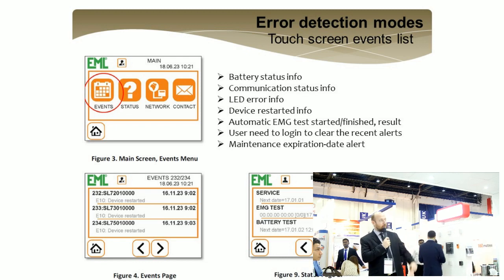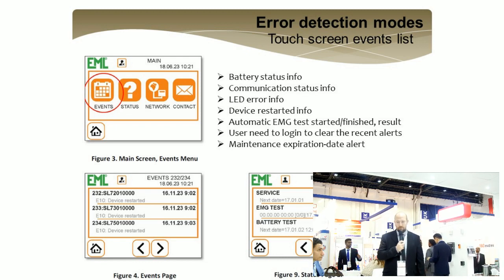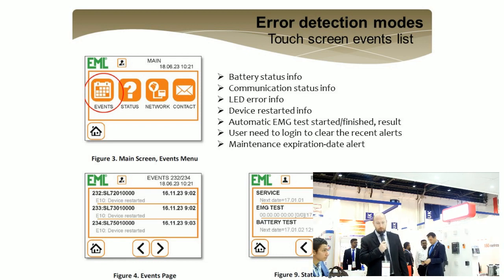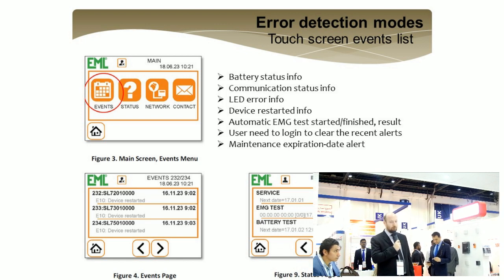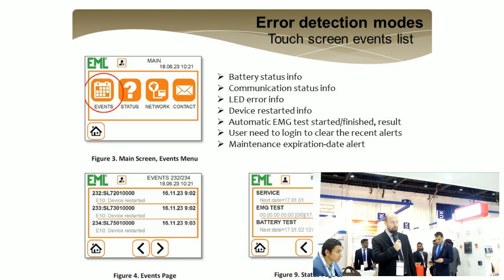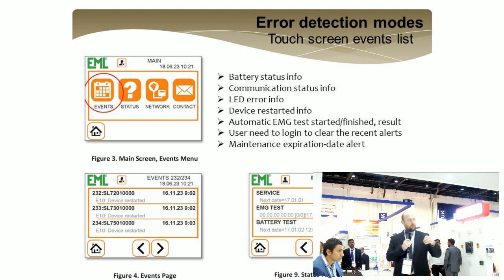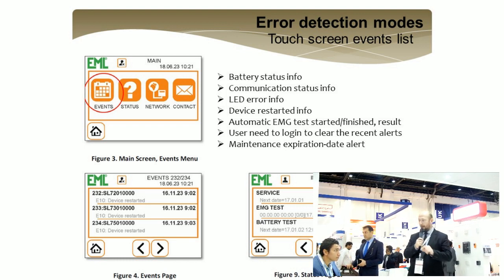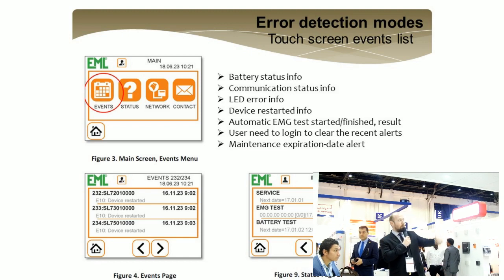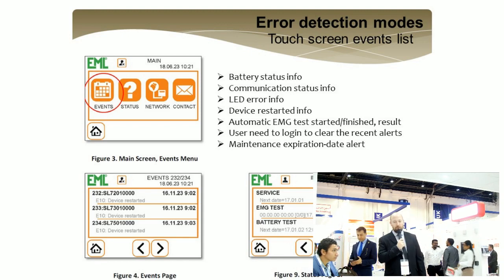You can see the events from here, because if you have any serious problem with the system, for example a battery error or an automatic test failure, you can see an alert message. It's a small bell near this home sign, and you need to clear this information when you fix this problem. And this is the events on the events list.